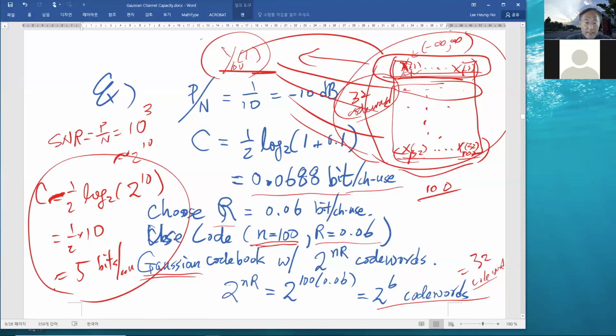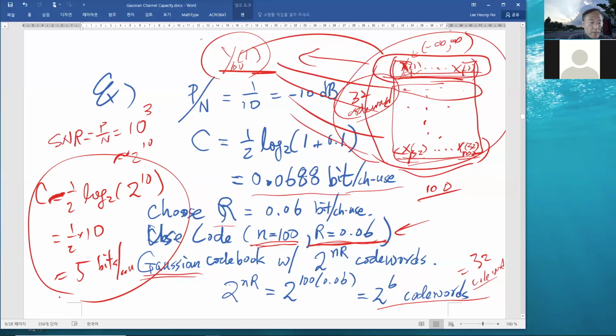So that's the capacity calculation. This capacity can be smaller than 1. In this case, you can use it for deep space communications. While you are using the channel 100 times, you are sending only 0.06 bit per channel use.